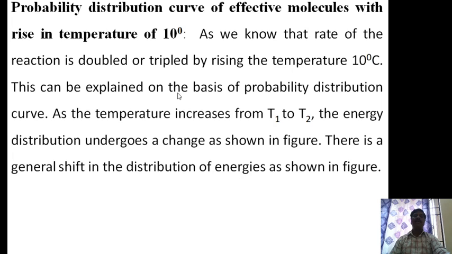This can be explained on the basis of the probability distribution curve. As the temperature increases from T1 to T2, the energy distribution undergoes a change, as shown in the figure. There is a general shift in the distribution of energies.